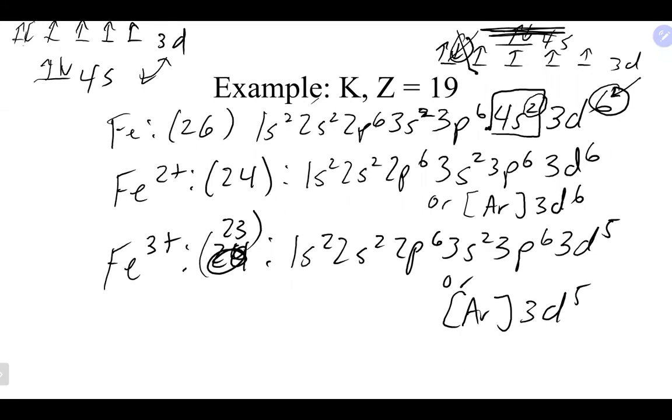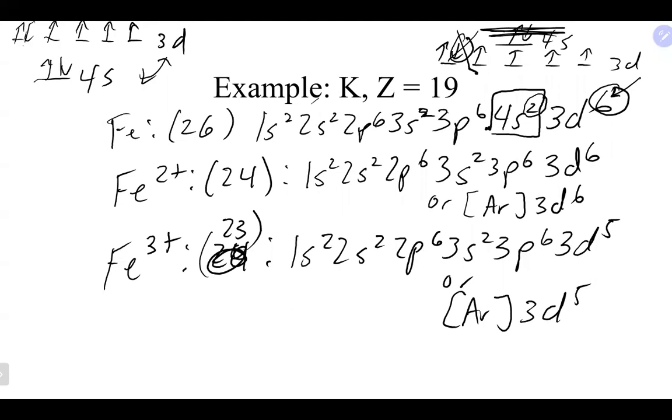Yeah, so again, we write the electron configuration in the filling order, which is what we have up there on top for the iron. The 4s should get the electrons first, and then the 3d, because the 4s is lower in energy than the 3d. But once the d starts to get populated, they actually start switching around. Once they're all filled, there's a shift in the energy of those orbitals.